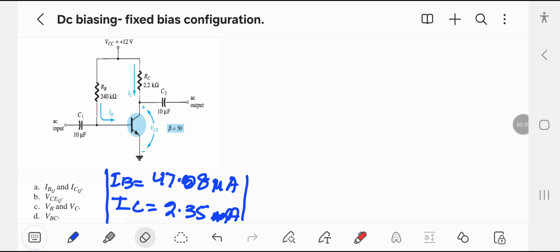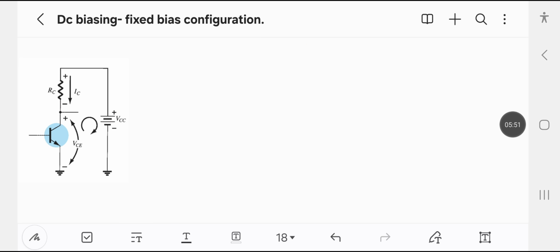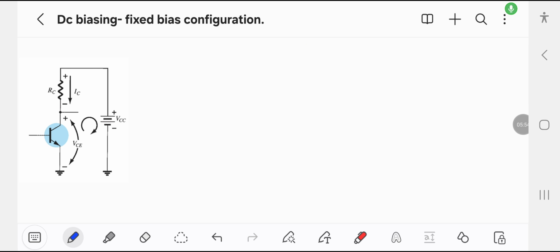Now to find VCE, we are going to consider that part of the circuit. To consider that part of the circuit, we are going to apply Kirchhoff voltage law.